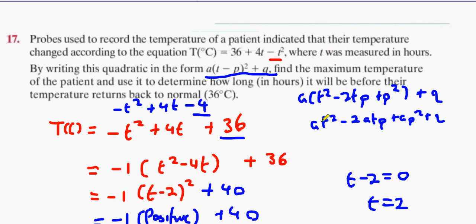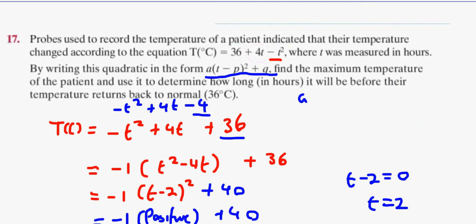You could just say, look, a is minus 1, which we know already, don't we? Then you could say 2atp equals 4t. And then finally you could have said ap squared plus q equals 36. You could have done it that way quite safely, to be fair to us, right? Because they gave you the equation in the question. All right. So that was also an option if you got stuck.